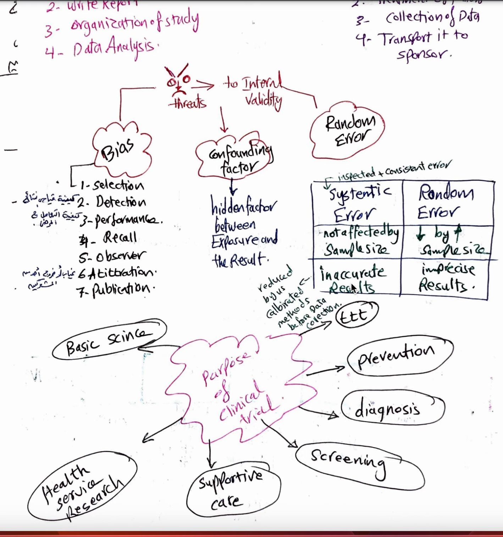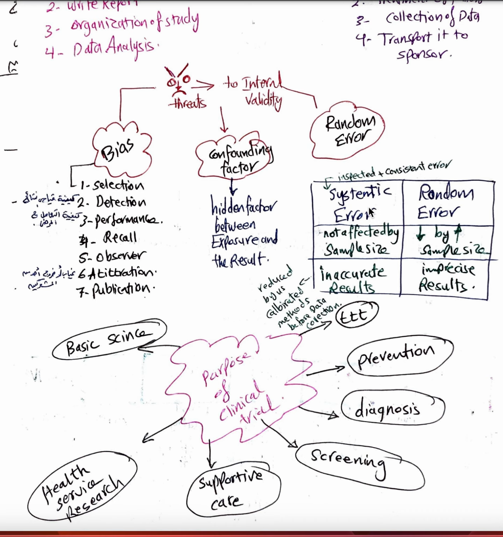Inaccurate completely. These results are completely false because they are wrong from the beginning. And we can reduce them just by using calibrated methods before data collection, like proper calibration. Then we reduce the systematic error, which is a bias.